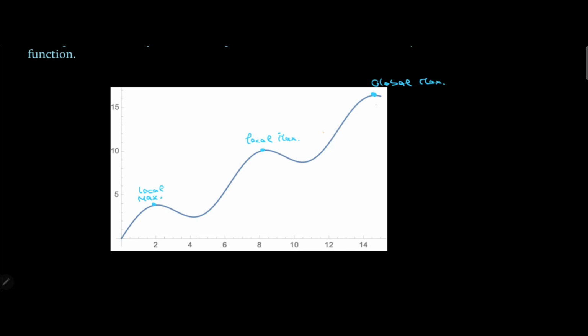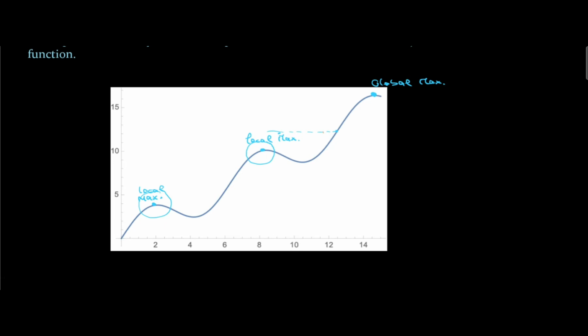That's the highest value of the objective function, and these are highest values but only in the surroundings of the point. But if we move further away from the point, then we might find points that have better value of the objective function.